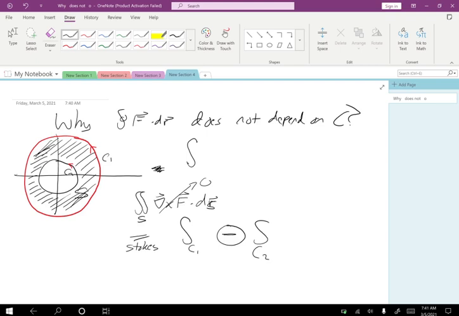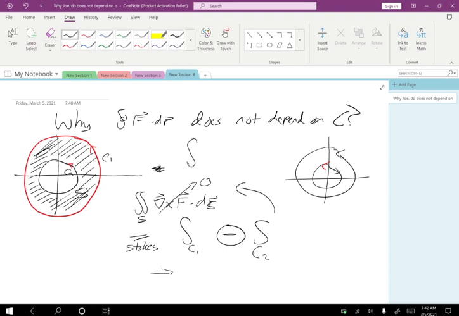So if we use Stokes' theorem, it should look like this. And that is the same as this, but with a minus sign. Because these things are equal, if we rearrange this, the integral of C1 is equal to the integral of C2.